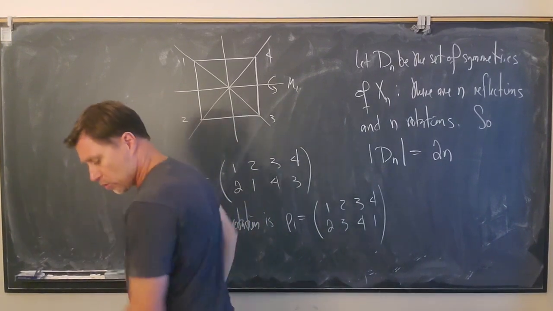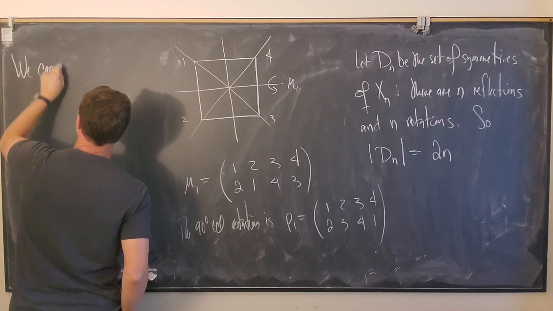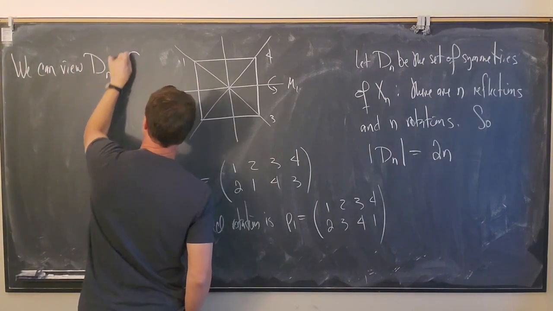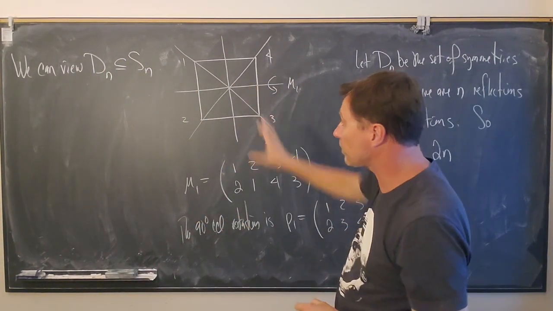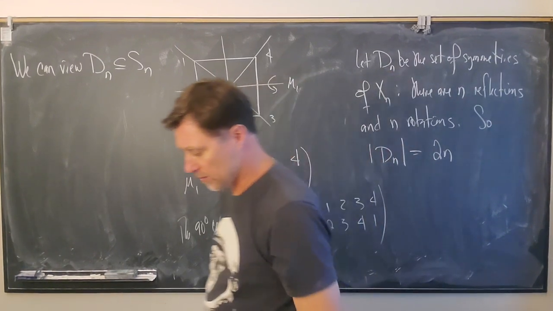So let's see, we can view Dn as sitting inside, as a subset of S sub n. Right? By labeling those vertices, that gives us a way to view Dn as sitting inside.